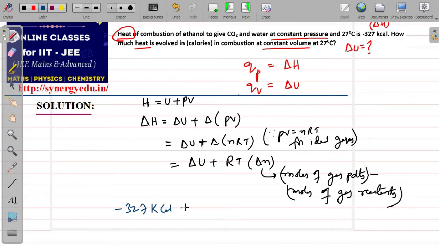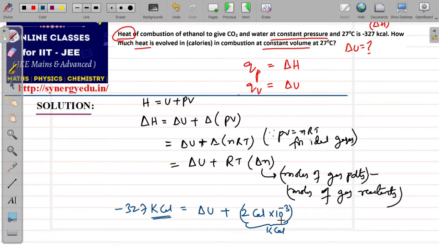kilocalories is equal to delta U plus RT. R is equal to 2 calories, and when you multiply with 10 power minus 3, you will get it in kilocalories. Why do I multiply with 10 power minus 3 to convert into kilocalories? Because one side has kilocalories, so you have to use the kilocalories unit only.